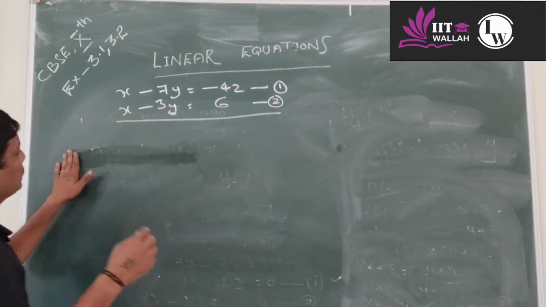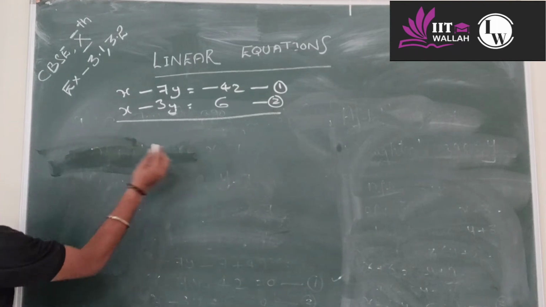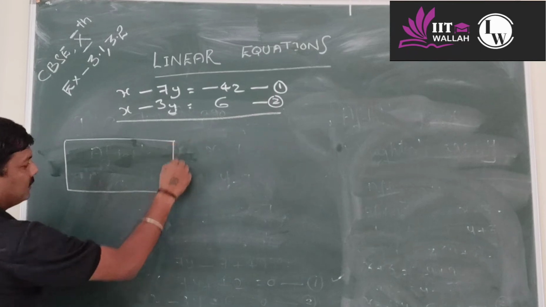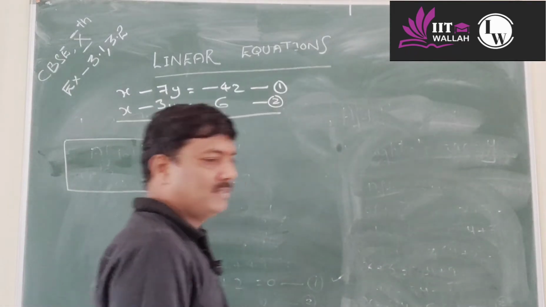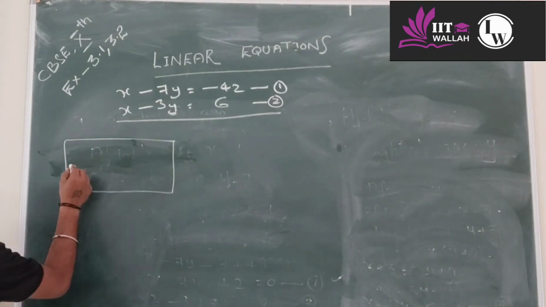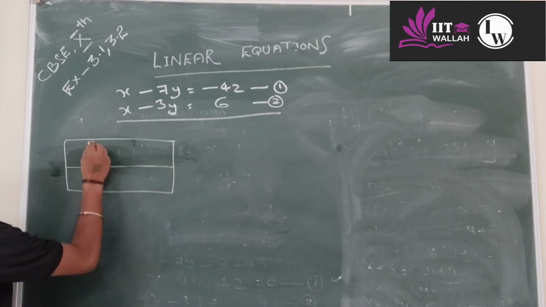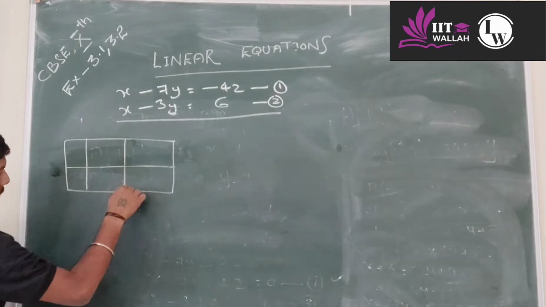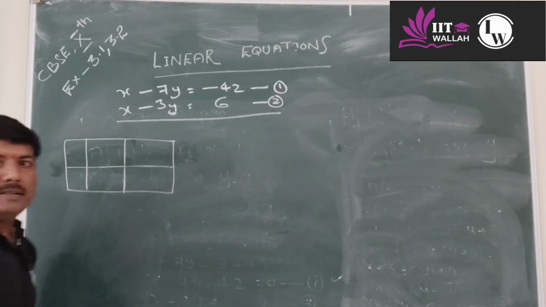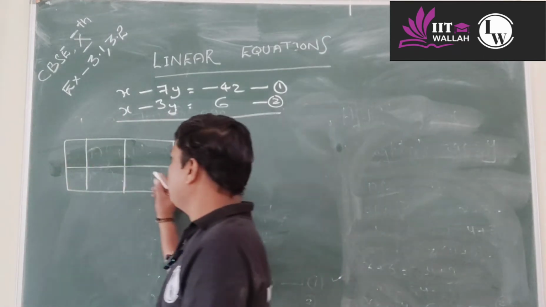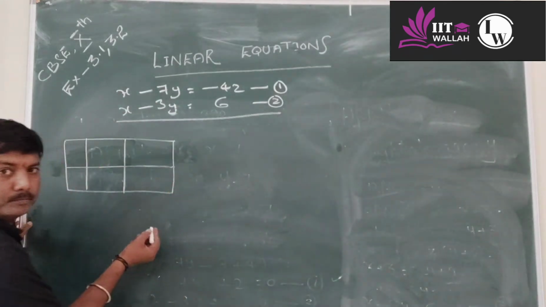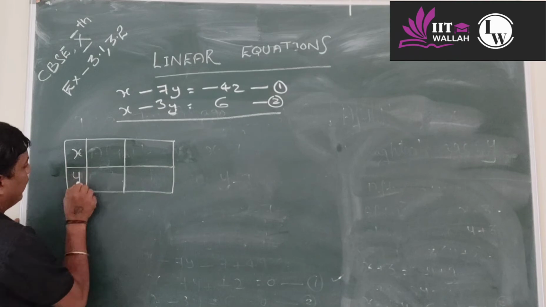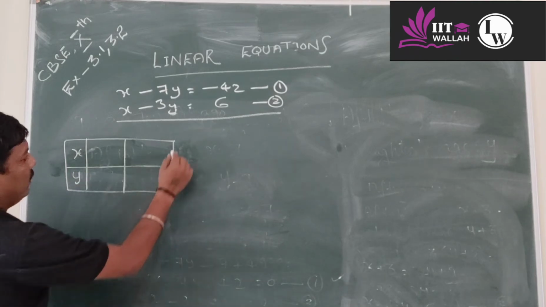That means you draw a box like this. Okay, in this graph, you write x here, y here.